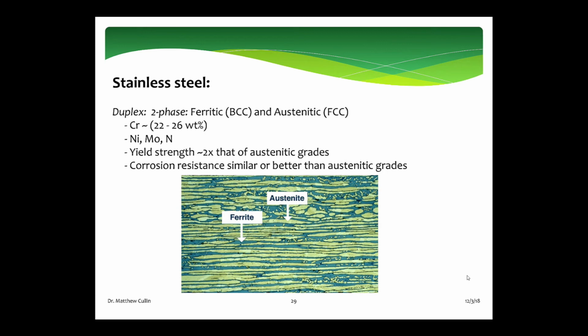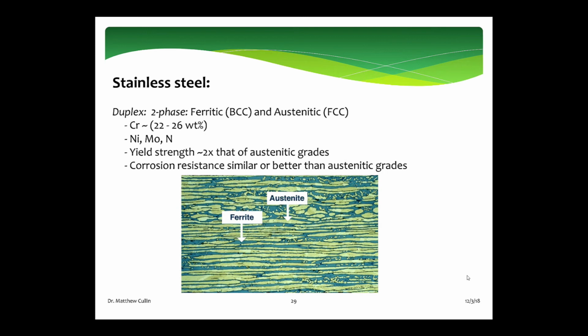I won't get into how we actually get this to form, but the big takeaway is that we get a lot of the strengths of the individual austenitic and ferritic stainless steels, but we don't get a lot of their weaknesses. So we kind of get the best of both worlds. It's kind of like a metallic composite.